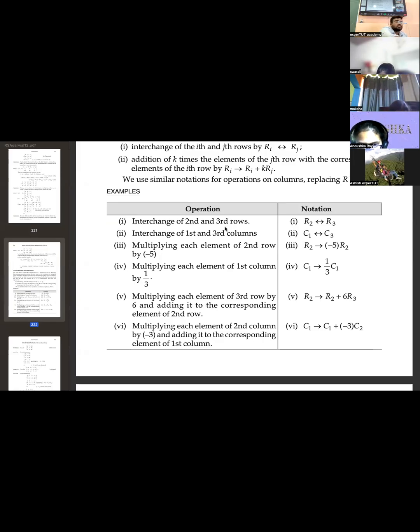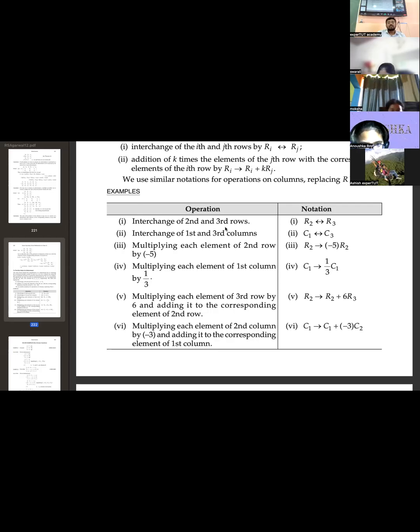Double arrow means interchange. Second is interchange of first and don't write the second one.